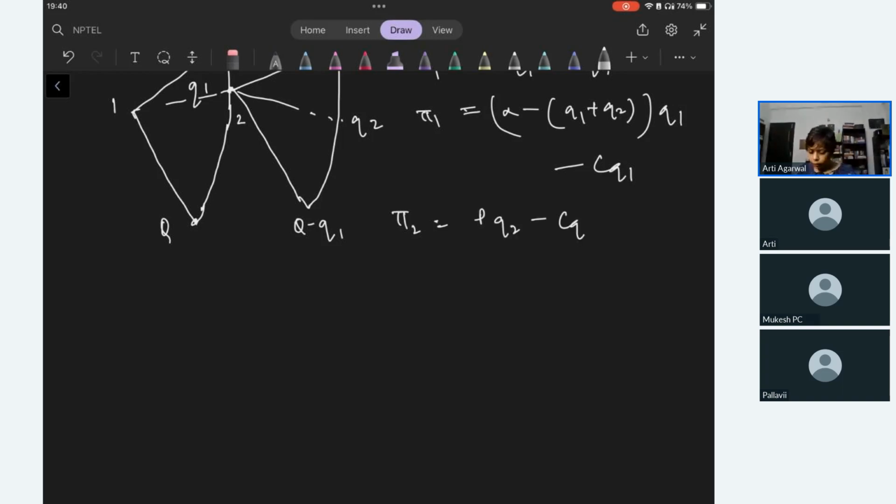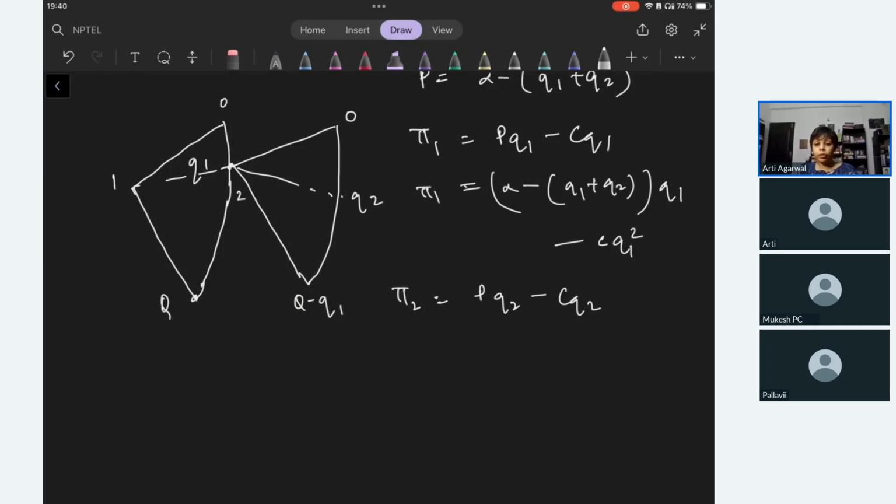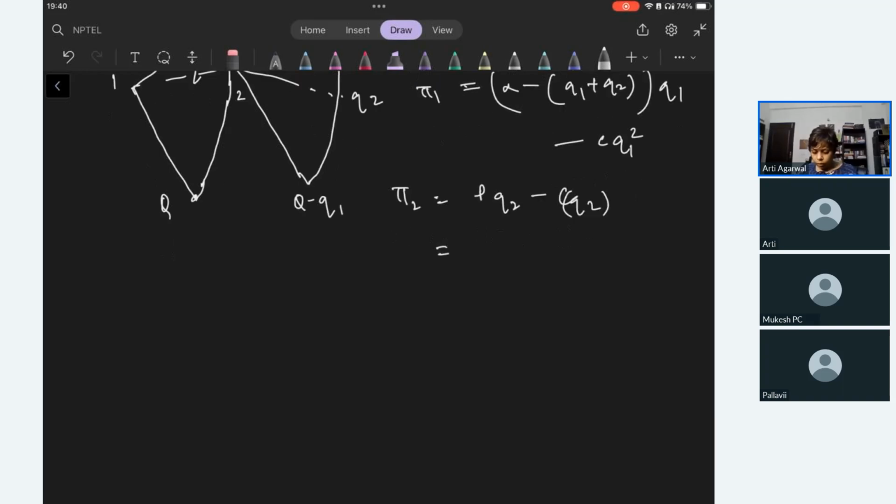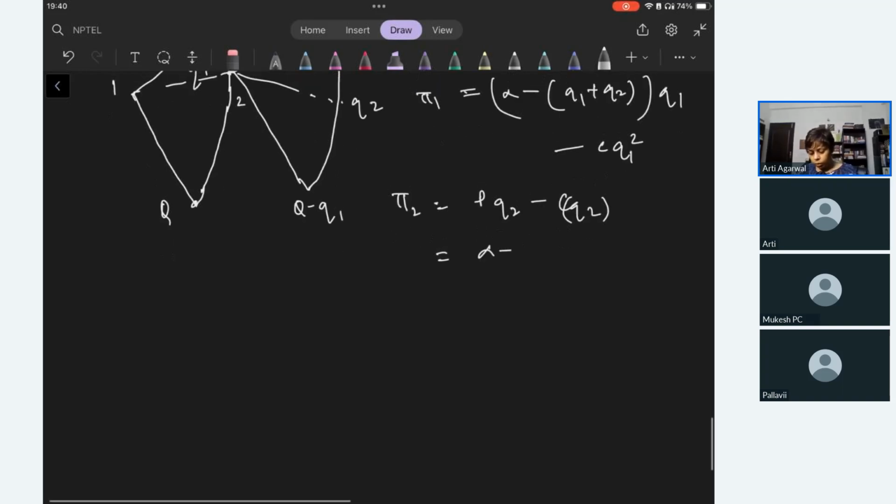Or wait, let me simplify this further. This should be C Q1 square. Actually, we've taken costs as convex. I just realized that in our question, we have cost as a quadratic function of quantity. So this should be C Q1 square, and for 2, alpha minus Q1 plus Q2, into Q2 minus C Q2 square. So is this part clear? This is just the profit function. We haven't done anything yet.